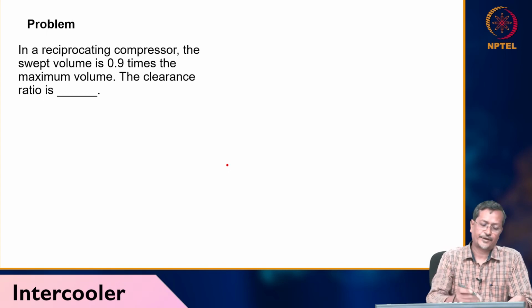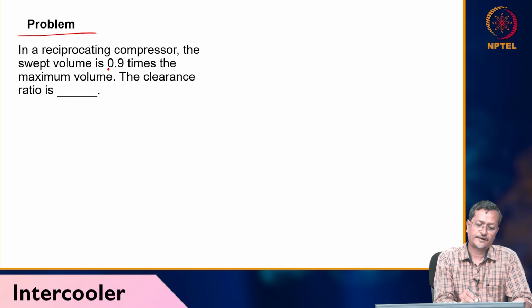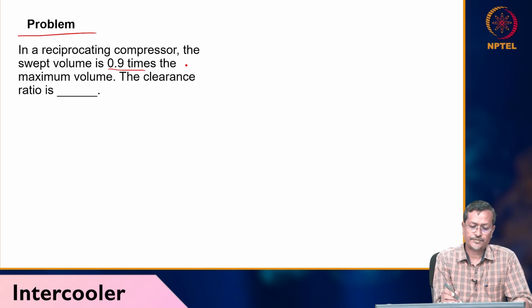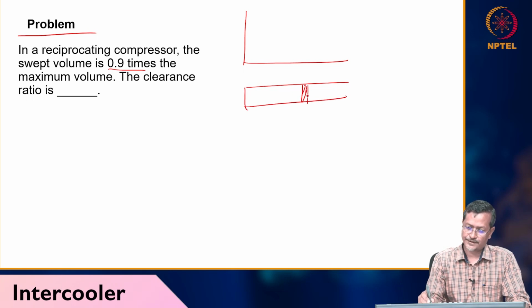Now you see the problem. In a reciprocating compressor, the swept volume is 0.9 times the maximum volume. The clearance ratio is asked. So first you draw the figure. Reciprocating compressor: piston will be here, piston rod will be here, and the valve no need to draw. PV.